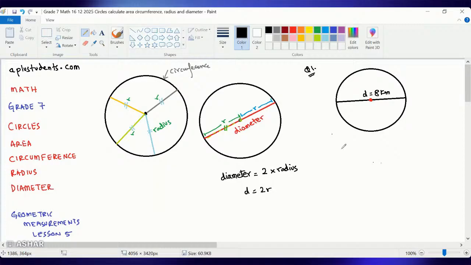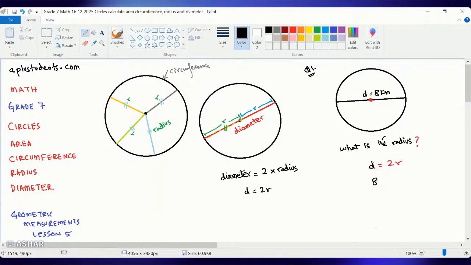The question is asking what is the radius? If we need to find the radius, we know that diameter is twice of radius, 2r. So if we know the diameter, we can replace the value of diameter by the given value.